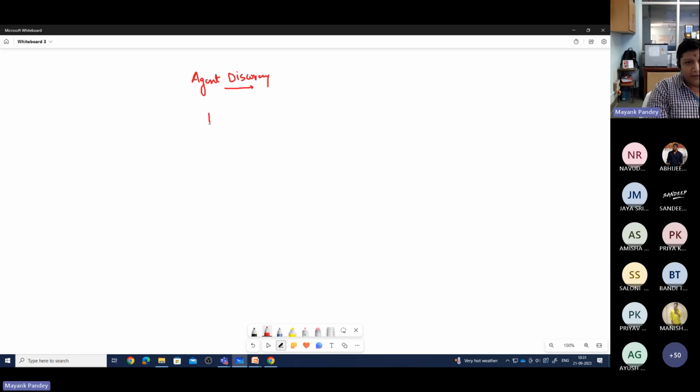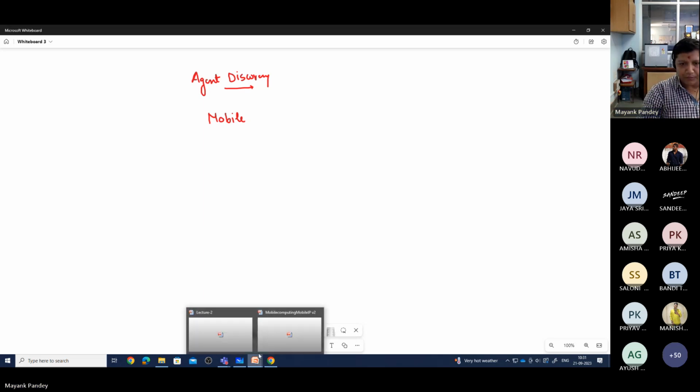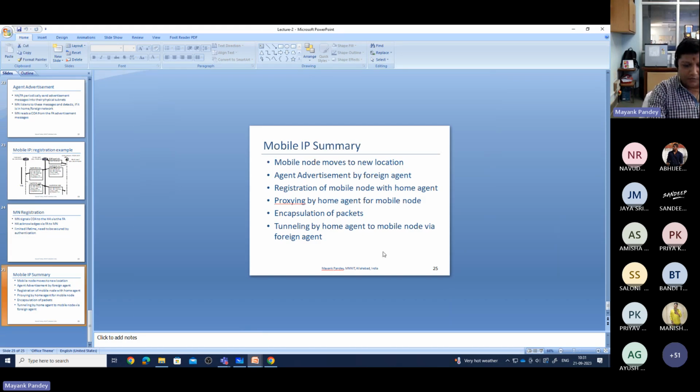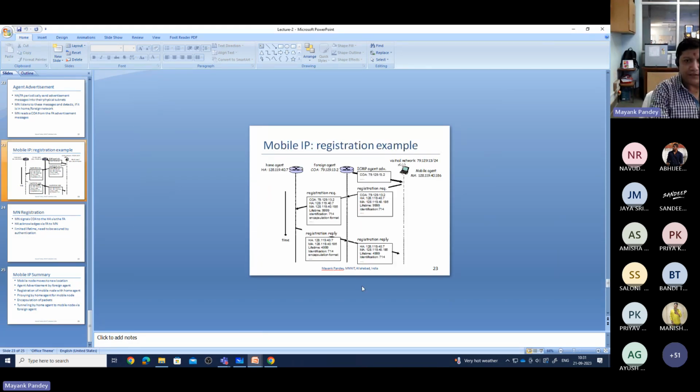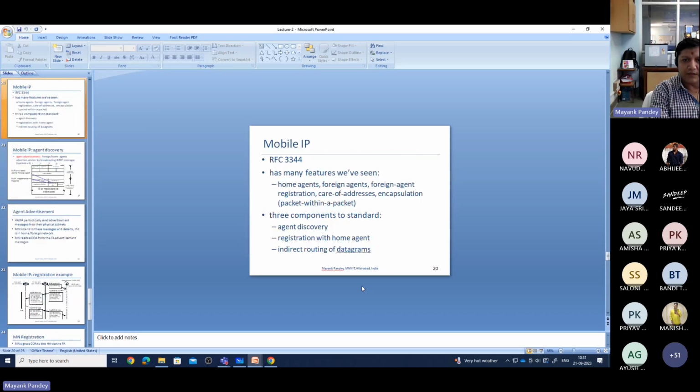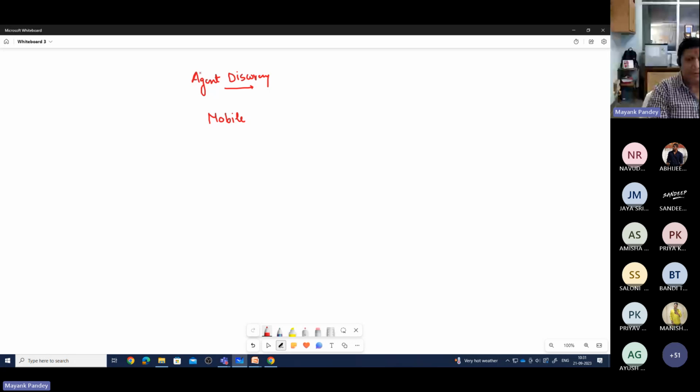What the mobile IP standard has done, and all these things are described in the RFC of mobile IP, the RFC number is 3344. All these processes are described in RFC 3344.